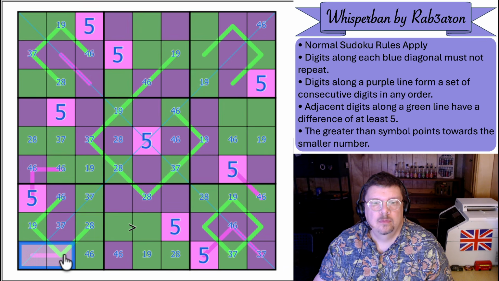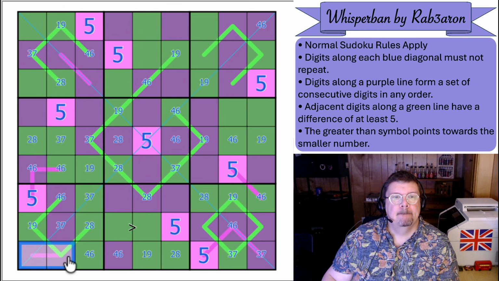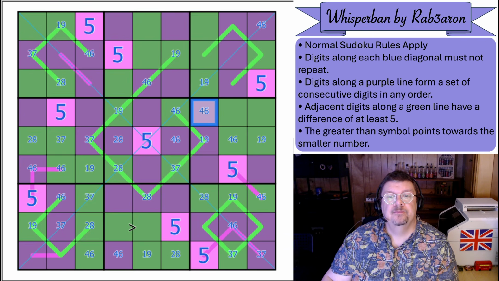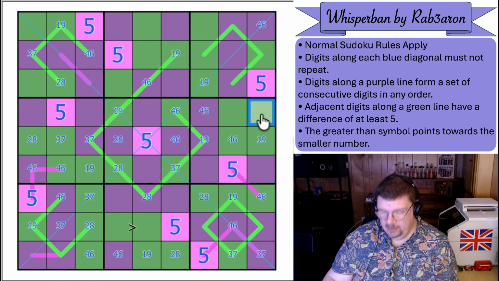This is the purple 1-9 or 2-8, neither of which are restricted because of this. Yeah, because 8 can go next to 1 or 2, as can the 9. The purple 4, 6 is here in this box. That's not the green 3, 7, that is.